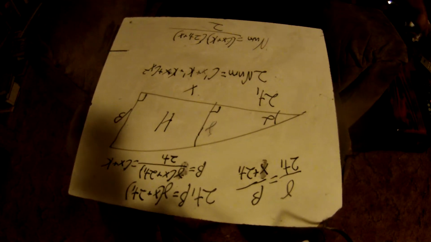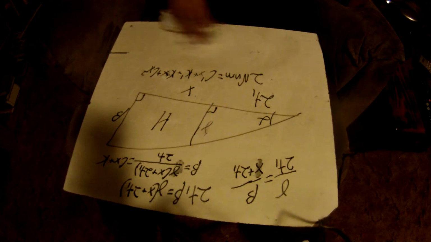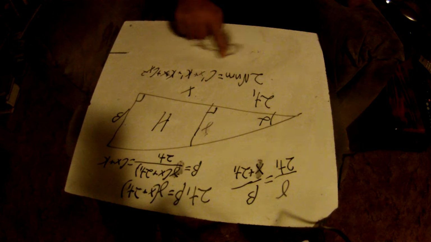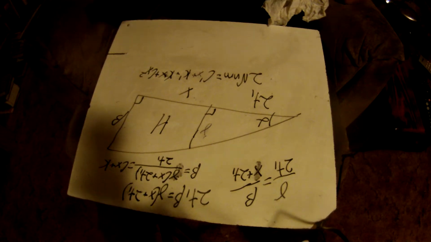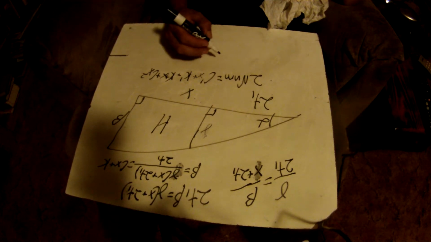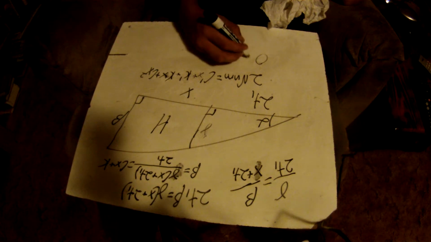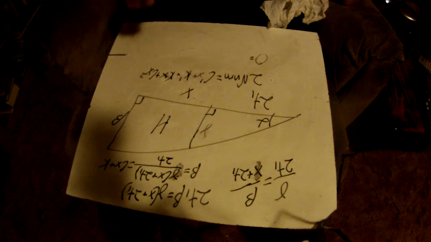So, to solve a quadratic equation, because we have x squared and x, we have to use the quadratic formula. We have to get it in quadratic form, which is 0 equals some constant times x squared plus another constant times x plus this constant.